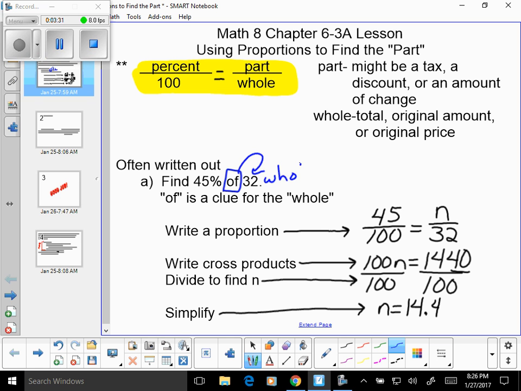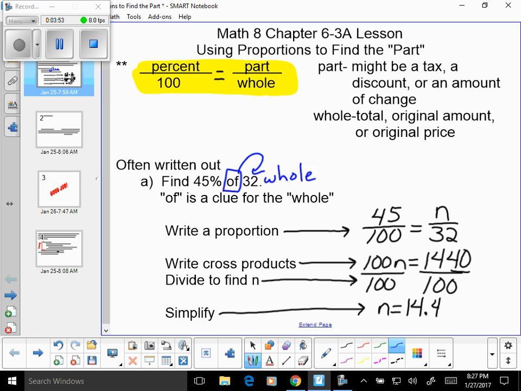So 32 is going to be the whole. Now you have to be careful because sometimes they'll flip that around and they'll say, what is 45% of 32. So you might see it written that way.